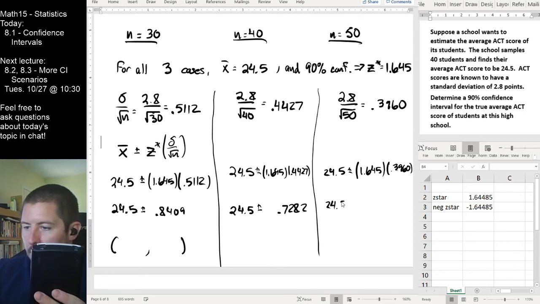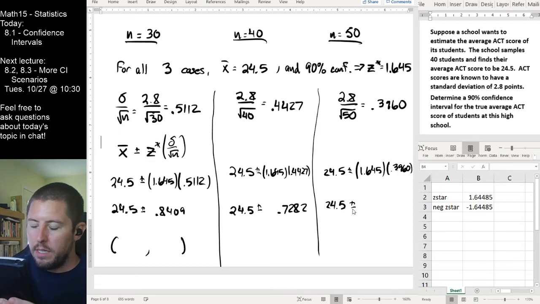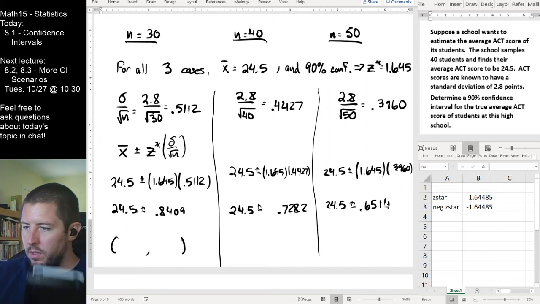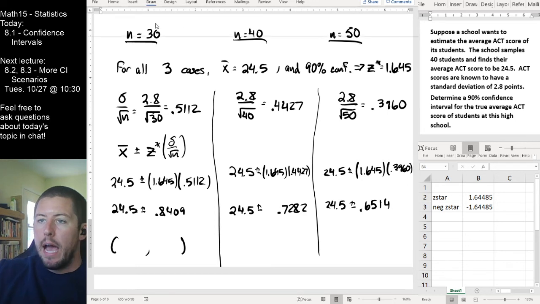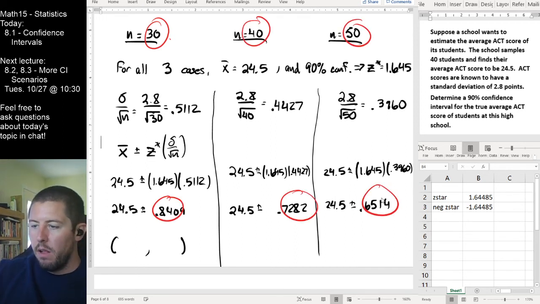And 24.5 plus or minus 1.645 times 0.3960 gives 0.6514. So the big takeaway is that as our sample size gets bigger, our margin of error gets smaller.